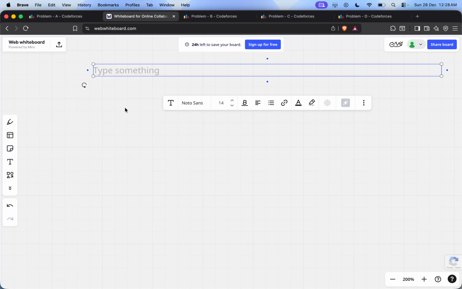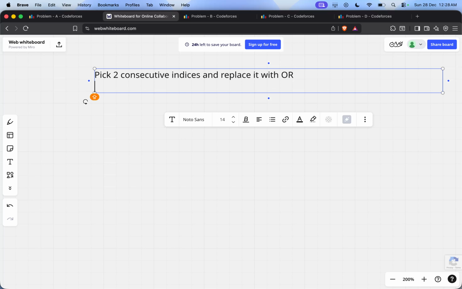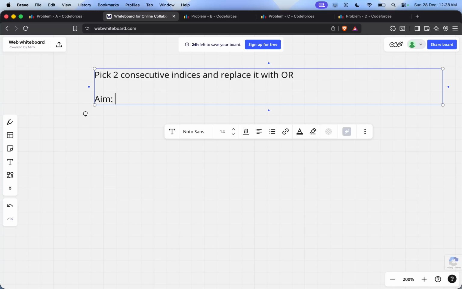What does the problem say actually? The problem says to apply the given operation: pick two consecutive indices and replace them with the OR of those two indices. And what is our aim?